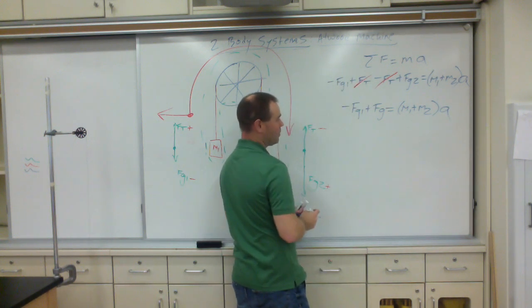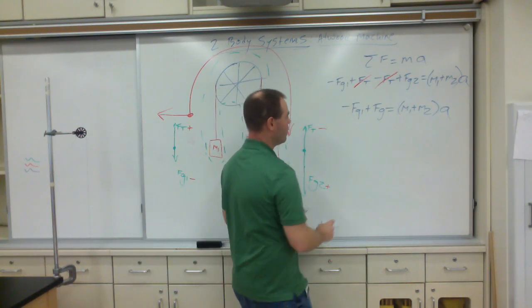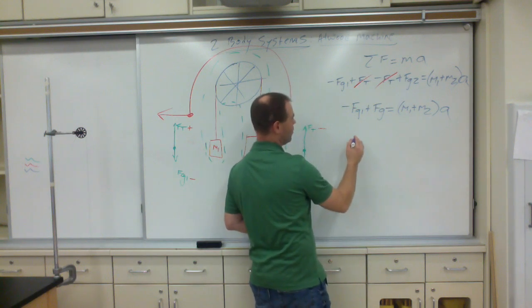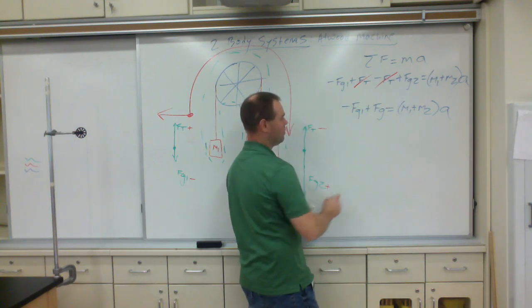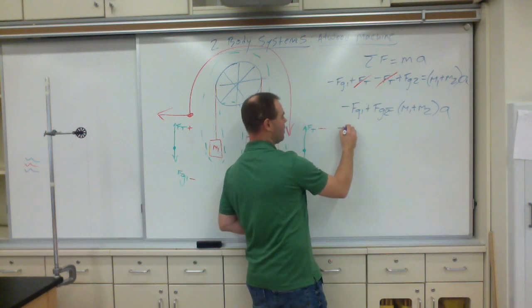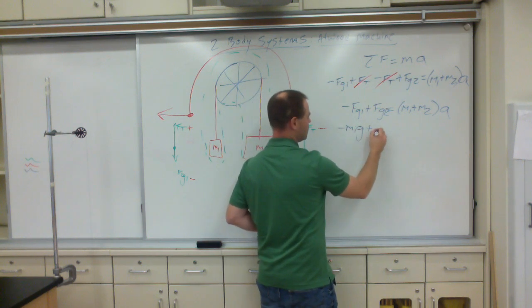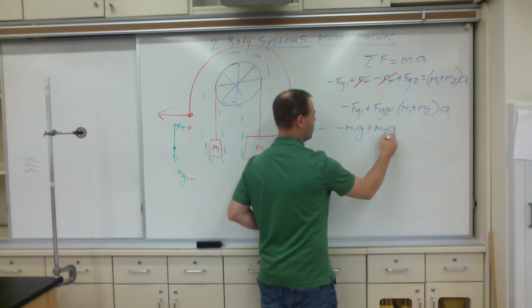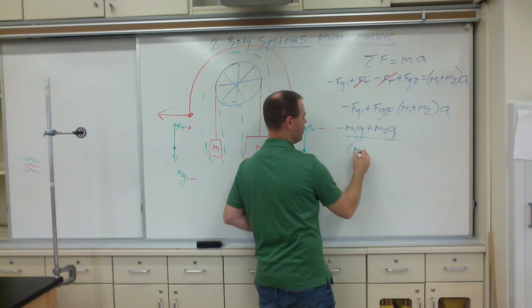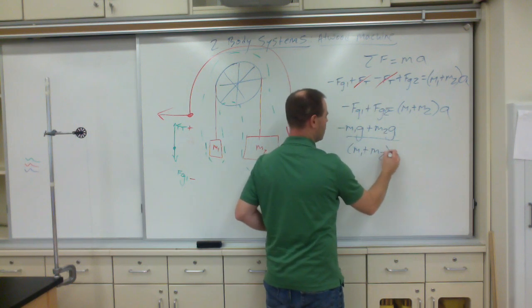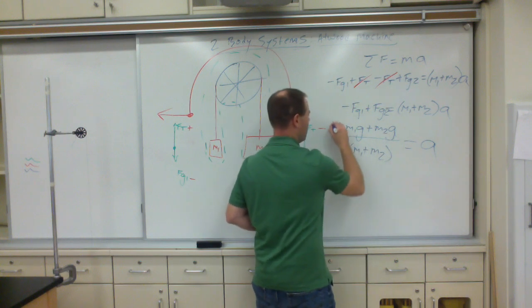To find acceleration, which is the most common thing you'll be finding, you then divide by m1 plus m2, and I'll turn these force gravities into mg. So this is negative m1g plus m2g over m1 plus m2 equals our acceleration. And there you have it.